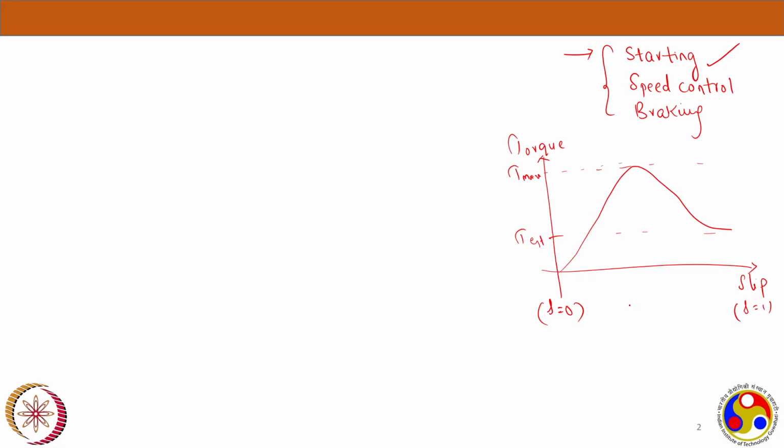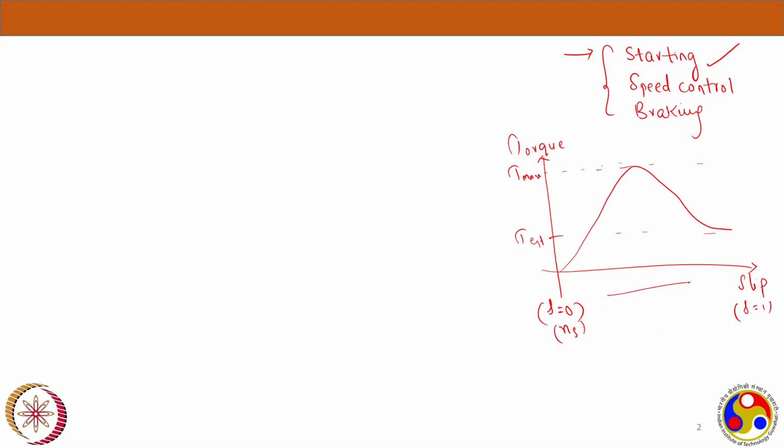Now this is what we know, the torque slip curve. If you want to convert it to a torque speed curve, we know at s equal to 0 what is the speed? It is ns, because s equals (ns minus nr) by ns, and this is ns. ns is 2f by p, in rotations per second.